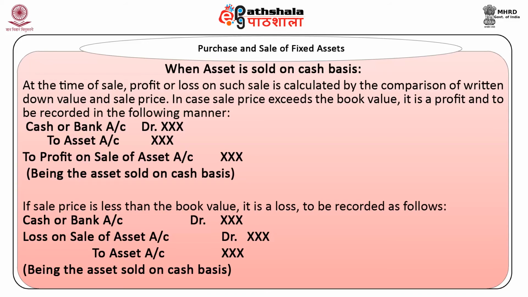Cash or bank account is debited to credit of asset account to credit of profit on sale of asset account, being the asset sold on cash basis. If sale price is less than book value, it is a loss, to be recorded as follows. Cash or bank account debited, loss on sale of asset account debited to the credit of asset account, being the asset sold on cash basis.